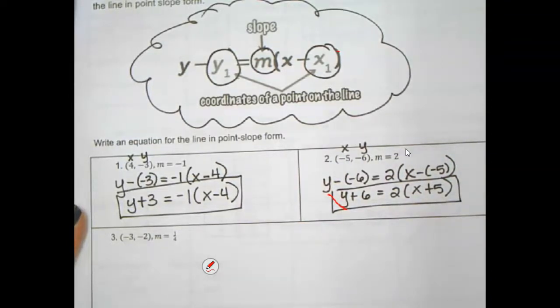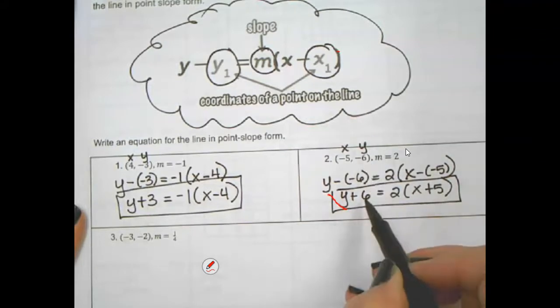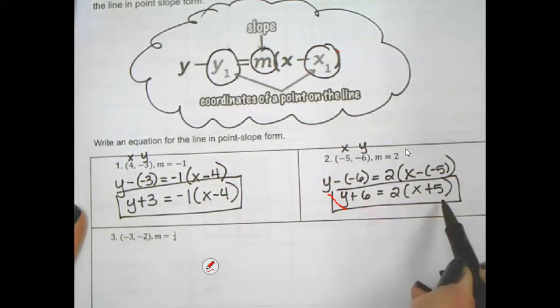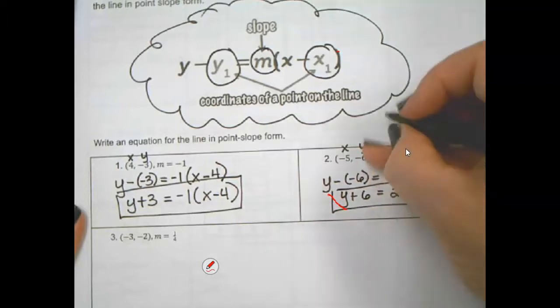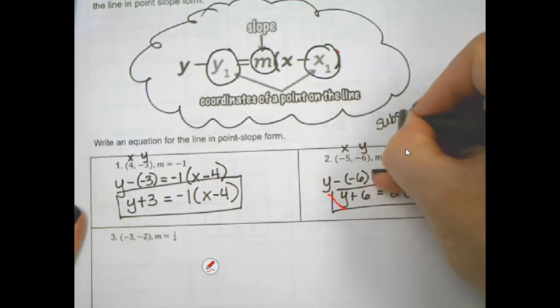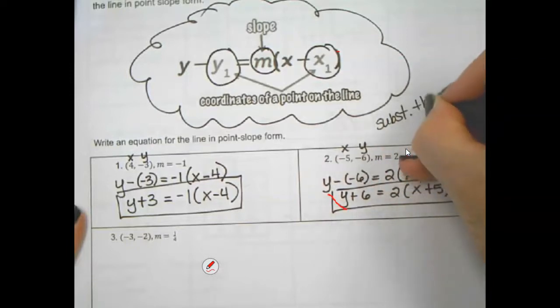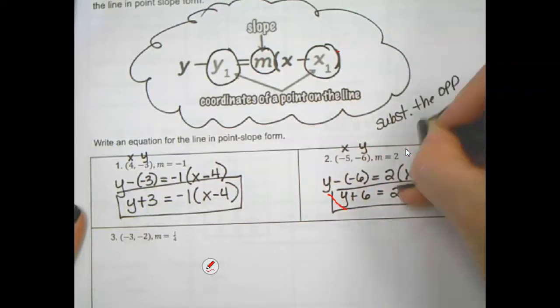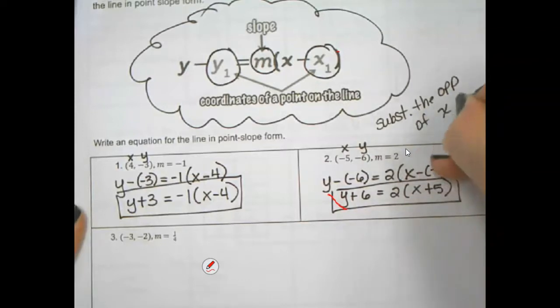So eventually you'll just notice to write this as a +6 and a +5, because when we're substituting in, you can substitute the opposite of x and y.